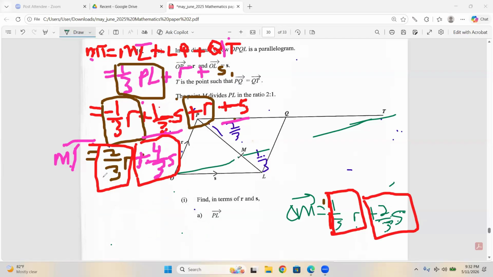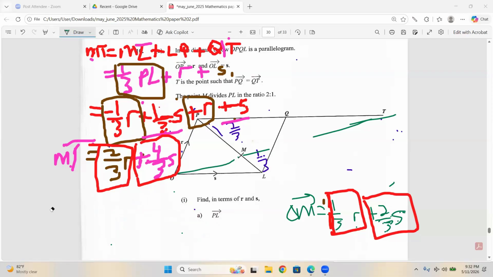Because in order to go from 2/3 to 4/3, you have to multiply by 2. 2 by 2 is 4 over 3. So it is definitely true that OM and MT are collinear.